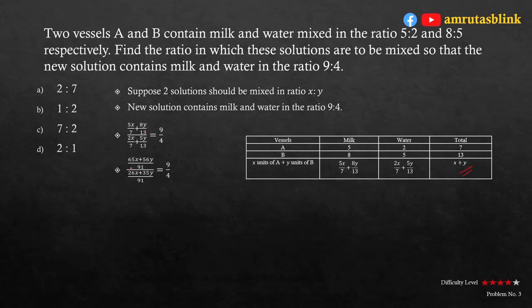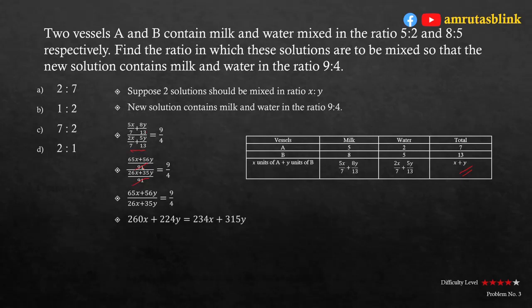So in the numerator we have 65x, that is 13 into 5, 65x plus 56y upon 91, whole divided by, again LCM of 13 and 7, 91. So in the denominator we have 26x plus 35y upon 91, is equal to 9:4 as it is. Now we can cancel out this 91. So we will have 65x plus 56y upon 26x plus 35y is equal to 9/4.